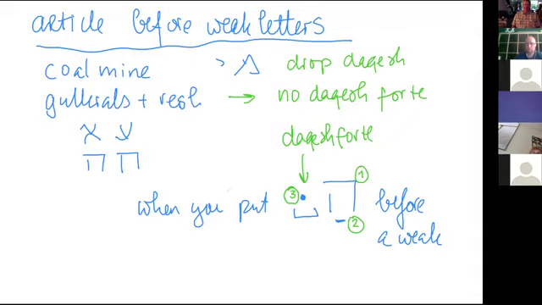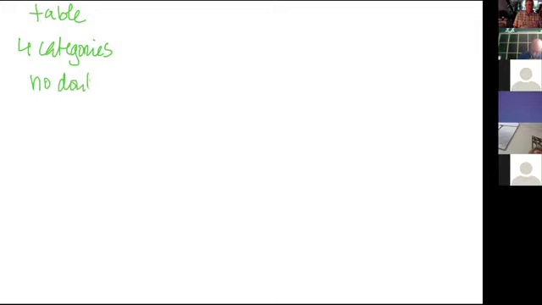And he's going to create a table, and the table looks very complicated, but it's not. The table tells you about 4 categories. No doubling. What's the other one?